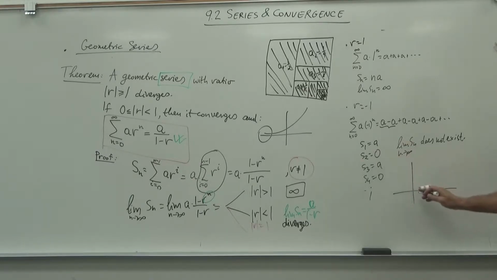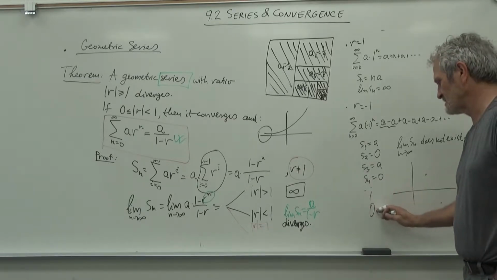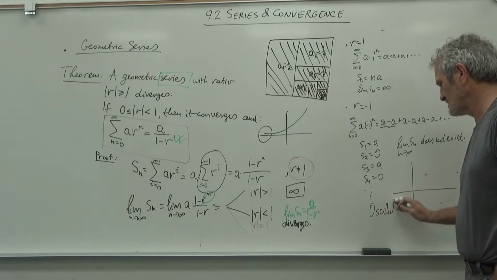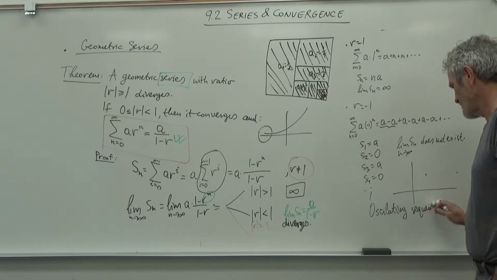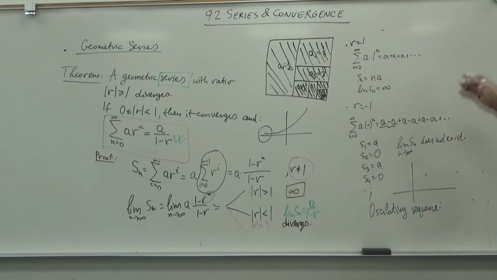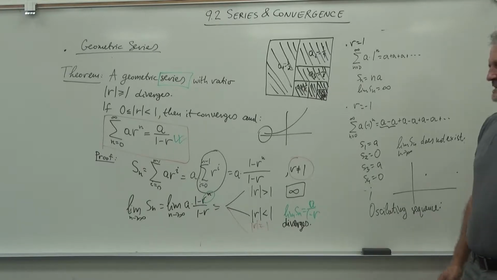Generally, this sequence goes like this: it is a, 0, a, 0, so it never stabilizes. So that's why the limit does not exist. It's called an oscillating sequence. And since it's oscillating with fairly big amplitude, the limit does not exist.